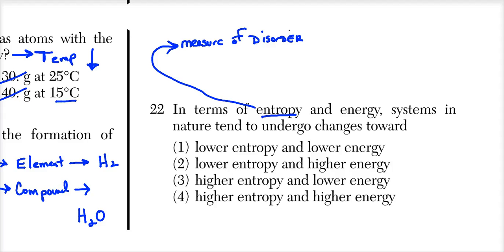Meaning, if you see a reaction happening, if you see a phase change happening, it's doing so because the overall entropy of the universe is increasing. So one of the driving forces is that we always move toward disorder. And that kind of makes sense because if you can ride that energy change toward disorder, we call that free energy.